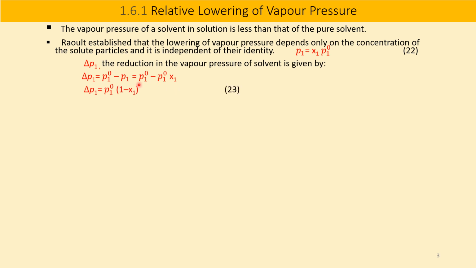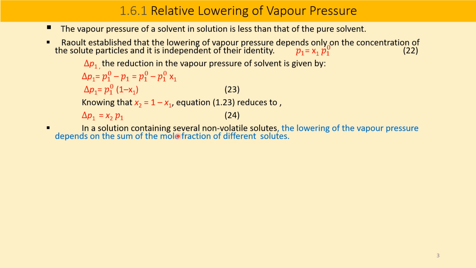This can be further simplified into delta P1 = P1 naught (1 minus X1), taking P1 naught common. Let it be equation 23. We also know that the total mole fraction is 1, that is X2 plus X1 equals 1. So equation 23 becomes delta P1 = X2 P1 naught. Let it be equation 24.